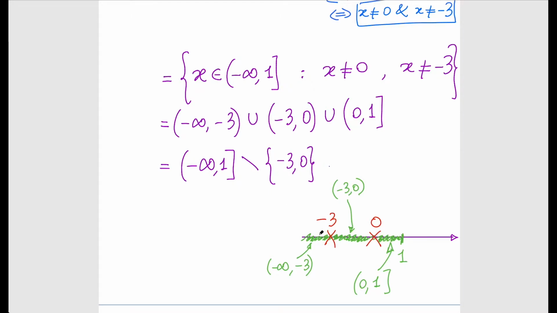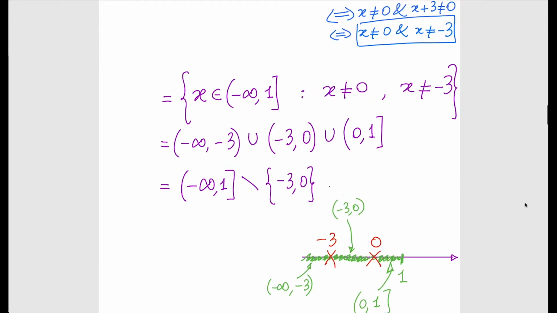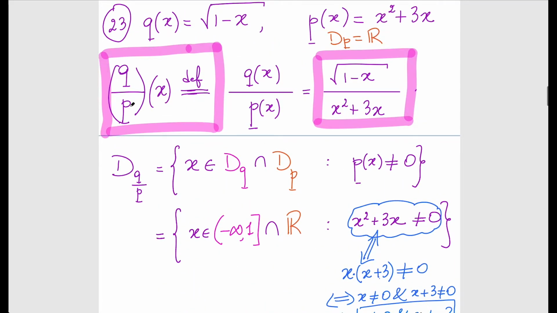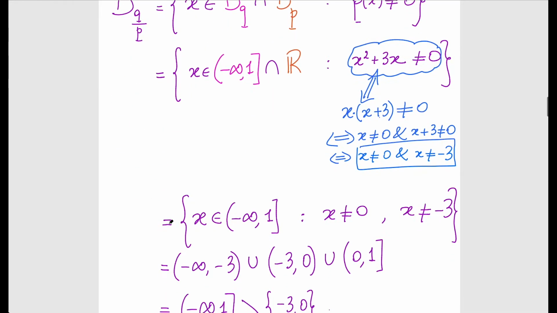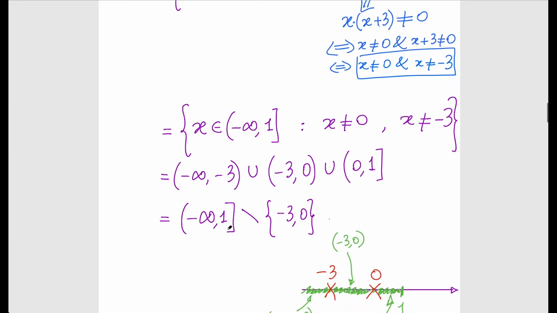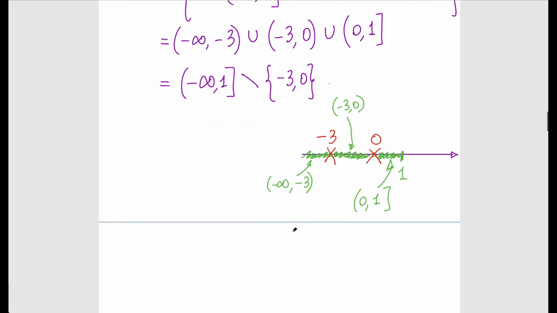So this is the domain of this function q over p. The domain of q over p happens to be the collection of all numbers from minus infinity to 1, including 1, excluding minus 3 and 0. All right, let's continue.